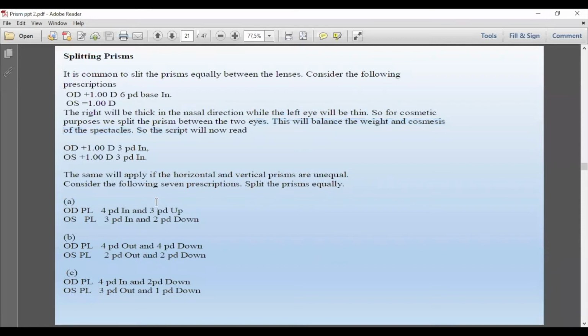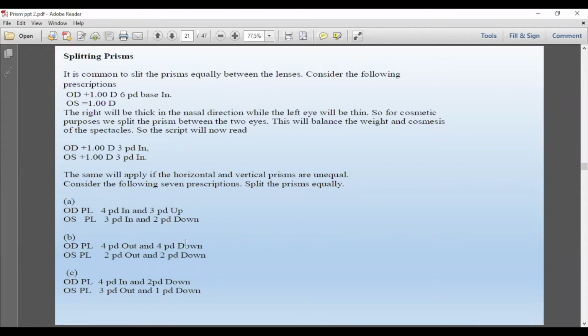I've got a 4 in and a 3 up, a 3 in and a 2 down. Now, you must just remember, it's unlikely that you are going to test a patient where you're going to find prisms like this. Normally, you'll find a deviation in the one eye only. But this is more of an exercise just to explain to you how we split them.